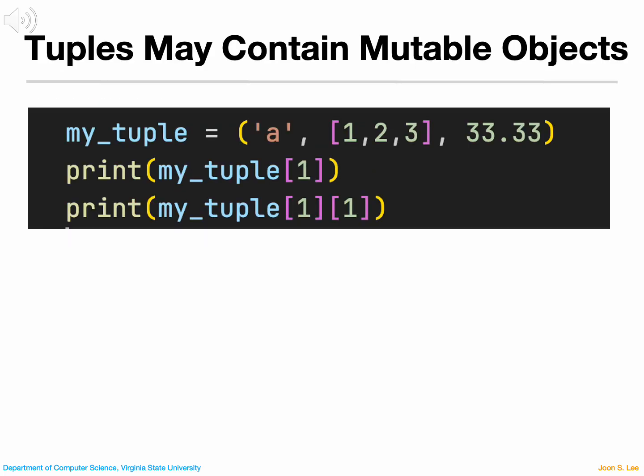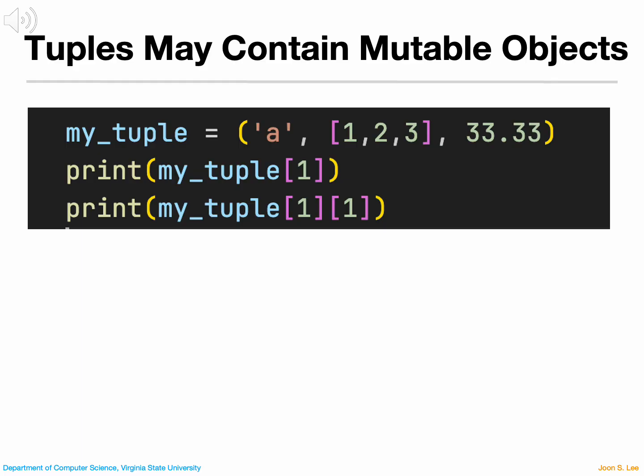Even though tuples themselves are immutable, they can still contain mutable objects inside them. In this example, the tuple, my_tuple, contains 3 elements: a string A, a list 1, 2, 3, and a floating point number 33.33. When we print my_tuple at index 1, we get the list 1, 2, 3. That's the second element of the tuple.